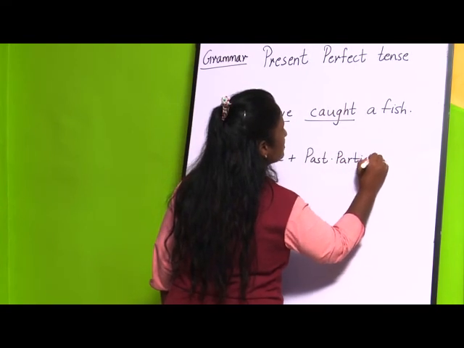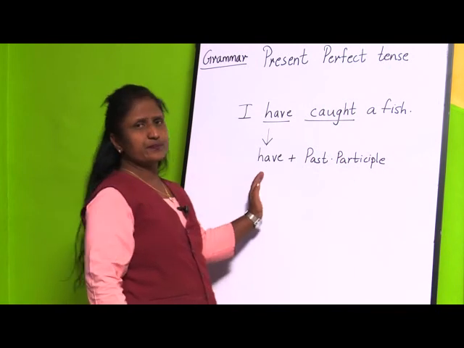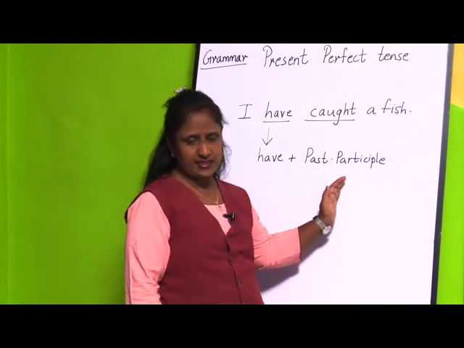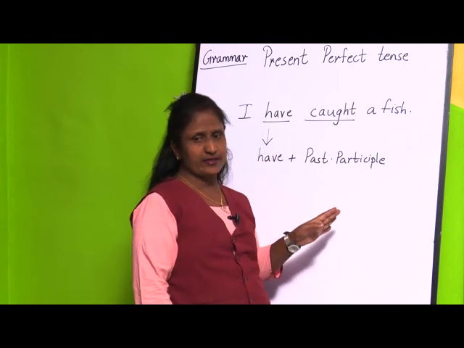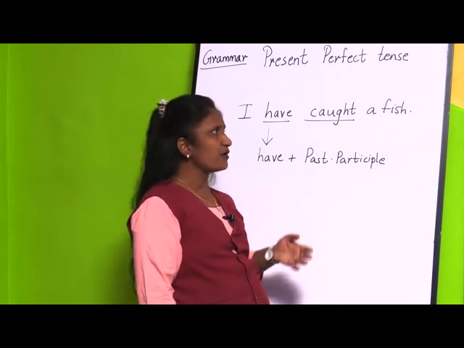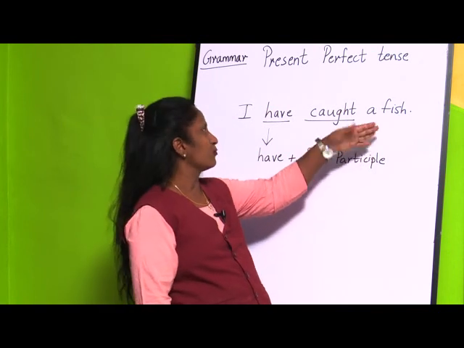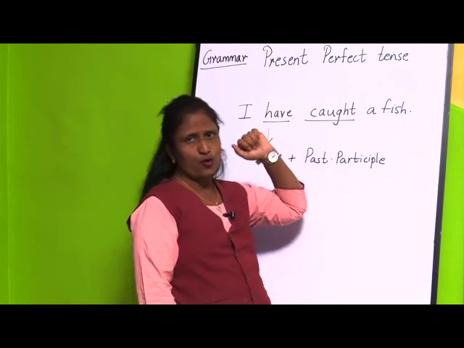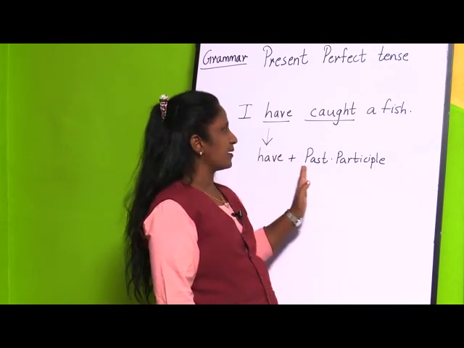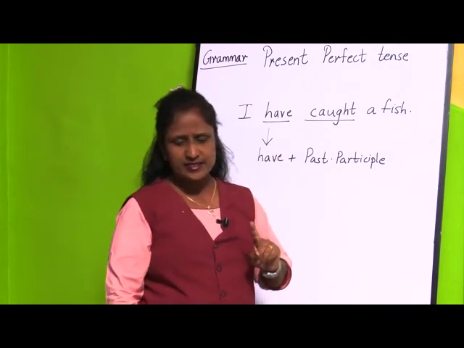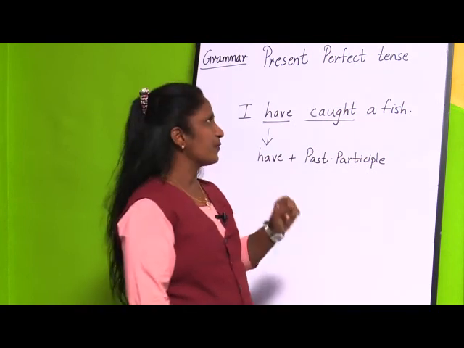Past participle comes along with the verb have or has, and it is used to create present perfect or past perfect tense. Also, it is used to modify the noun. The noun here is fish. So, how do we form present perfect tense?